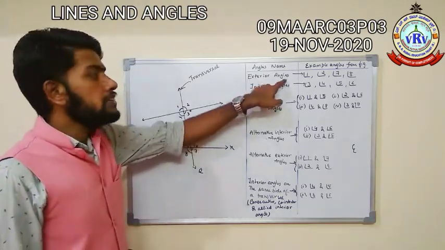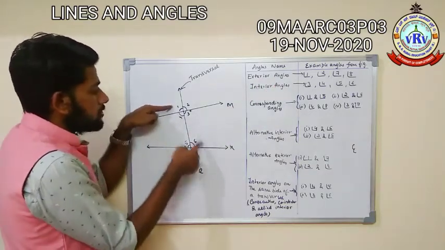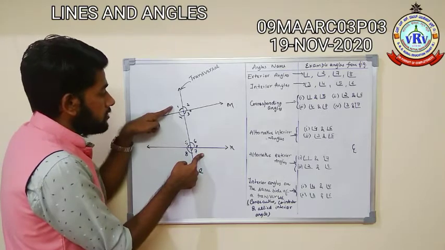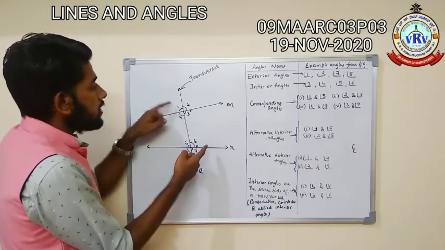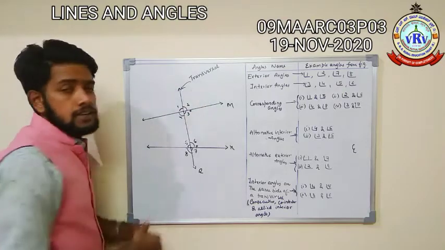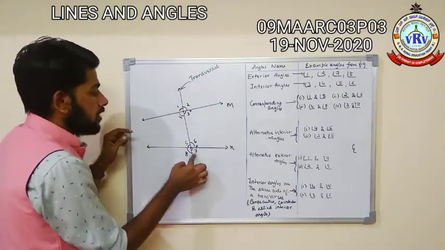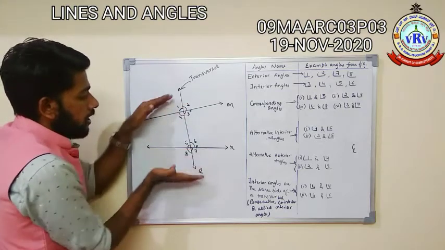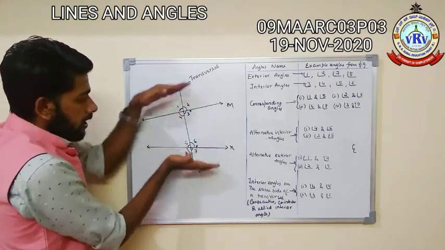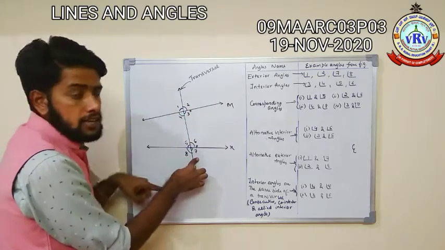One is exterior angles. If two lines are there and one transversal passes through them, then the exterior angles are those angles which are outside these lines. That is 1, 2, 7, 8, which are outside the lines. So these 4 are exterior angles.